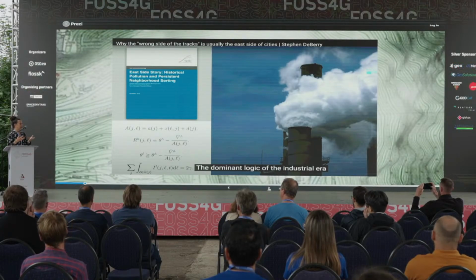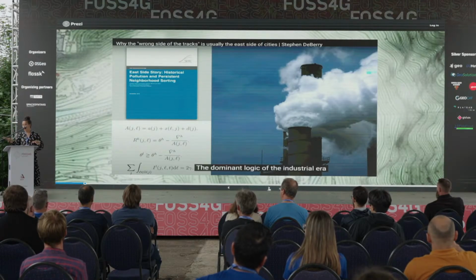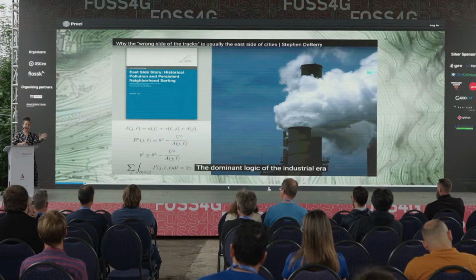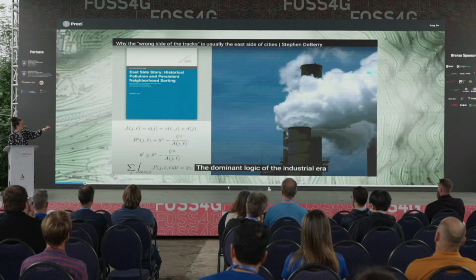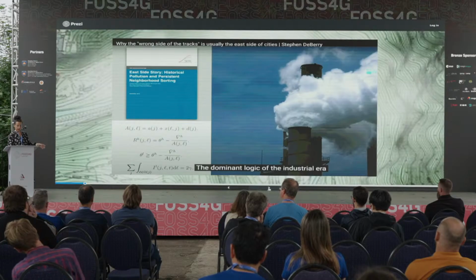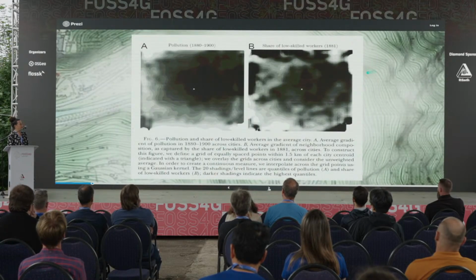But the dominant logic of the industrial area was to put the railroad here, the highways are going to go here, these buildings are going to go here. It was in line with exactly what we're talking about here, persistent neighborhood sorting. And this is back in the 1800s where this original study was done.